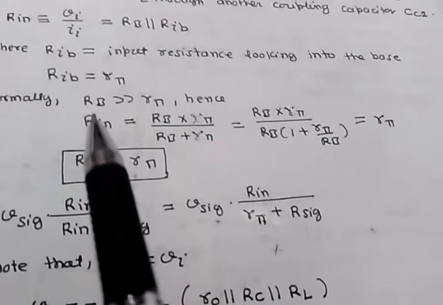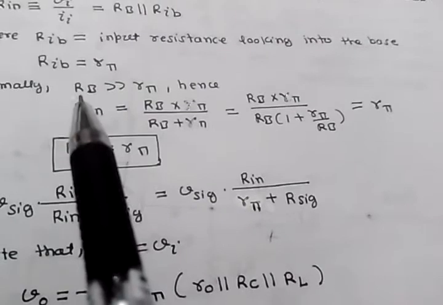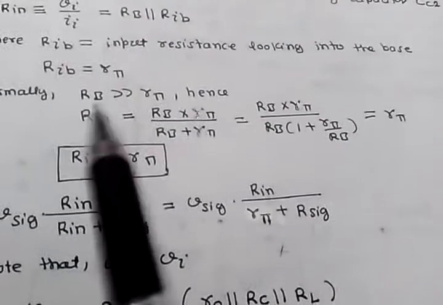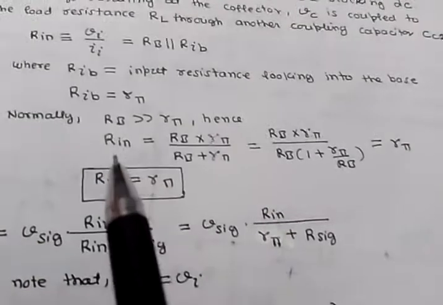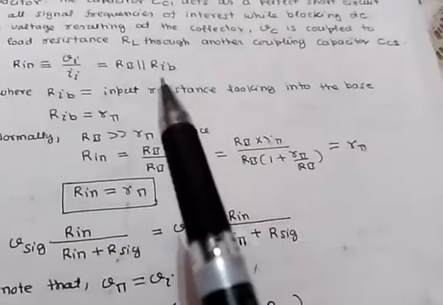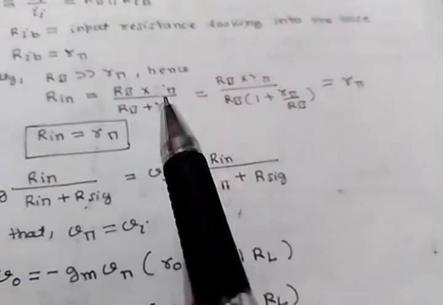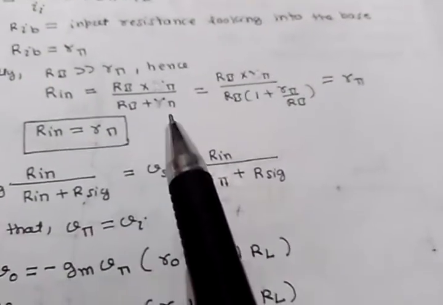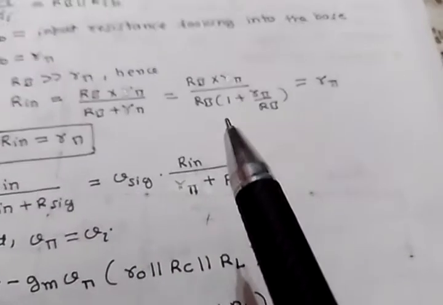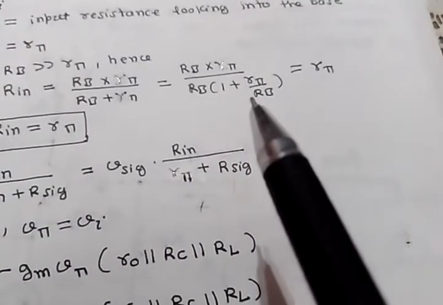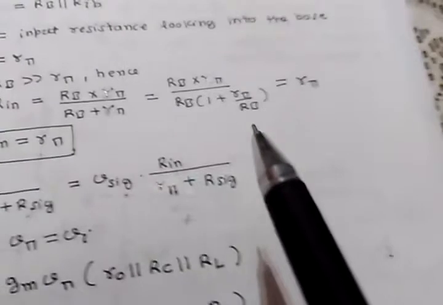Generally, the external resistance Rb in this common emitter configuration is greater than Rπ. So we can write Rin equals Rb parallel Rπ, which can be written as Rb into Rπ upon Rb plus Rπ. Take Rb common, so it will be 1 plus Rπ upon Rb.